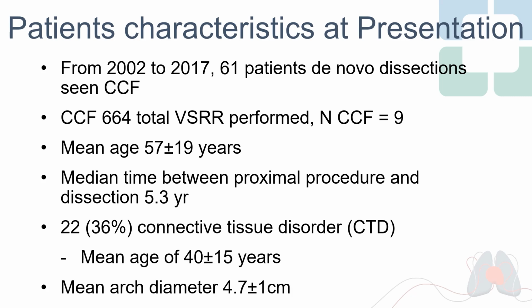Average age of patients was 57, and the average time from the initial procedure to dissection was 5.3 years, and 36% of the patients had a connective tissue disorder, mostly Marfans, and they were slightly younger, and the mean aortic diameter in this series was 4.7 centimeters when this happened.